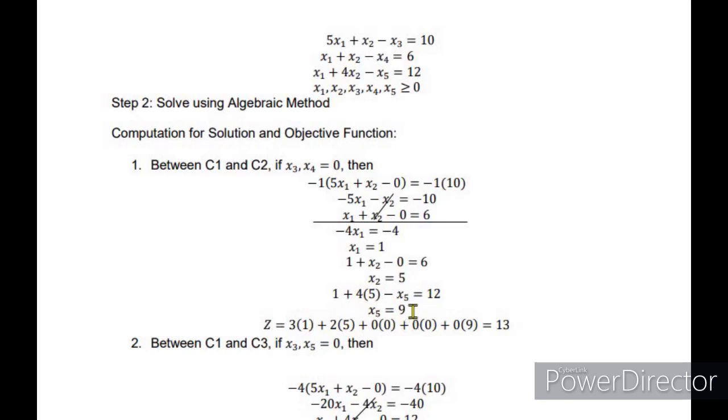So you get x sub 5 is equal to 9. So since all the resulting variables are positive, we will compute for the z value. So 3 multiplied by 1 because x sub 1 is 1, plus 2 multiplied by 5 because x sub 2 is 5, plus 0 multiplied by 0 because x sub 3 is 0, and 0 multiplied by 0 because x sub 4 is 0, plus 0 multiplied by 9 because x sub 5 is 9. So it is equal to 13.